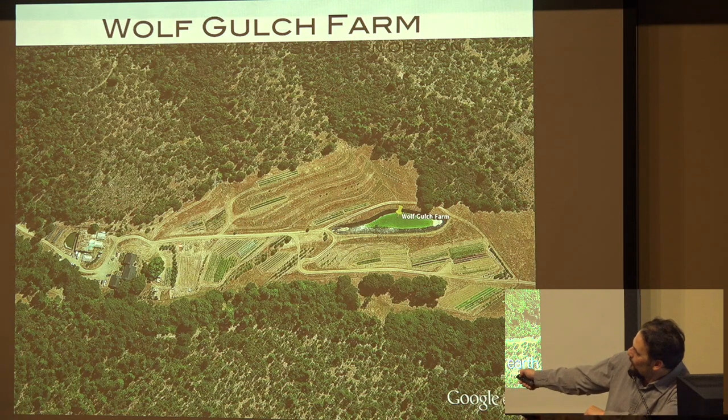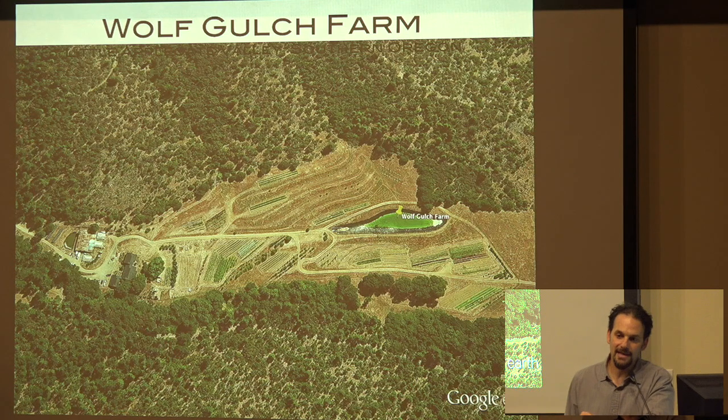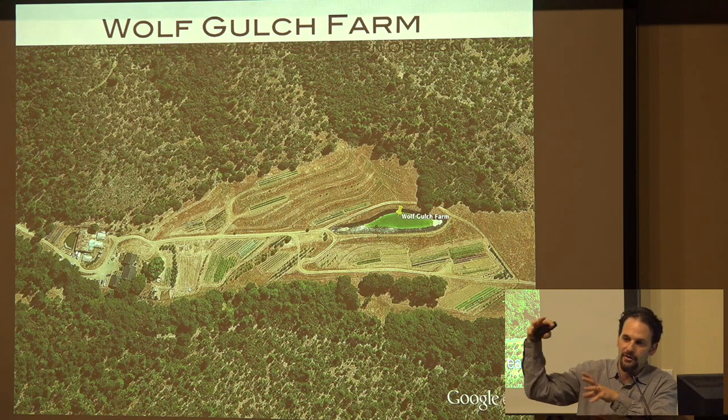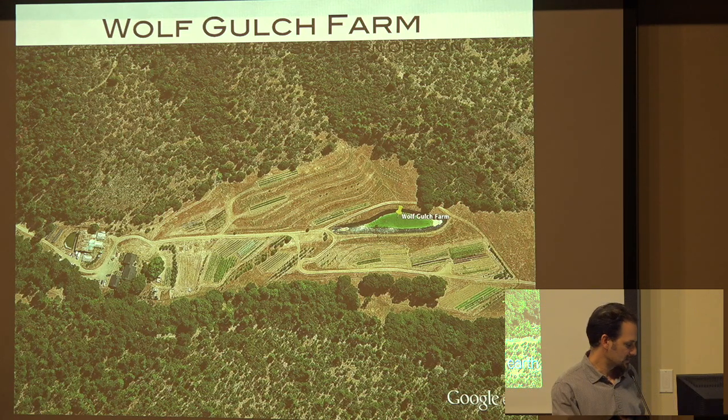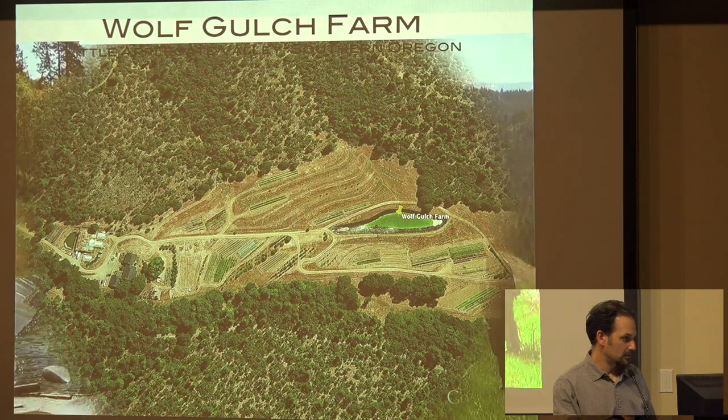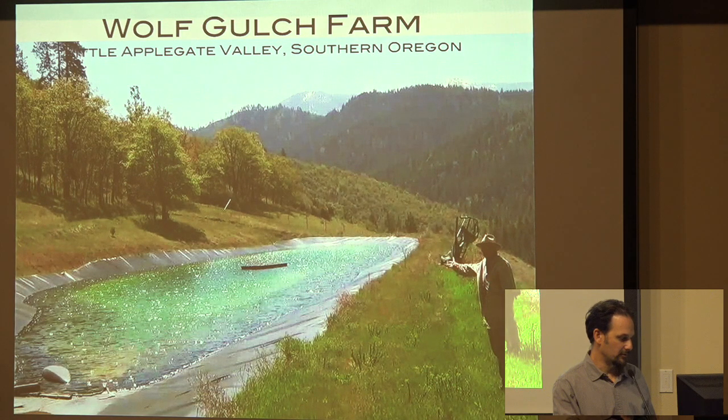So all the water's funneled into here, and with the arrangement of the different beds and tree rows, they are draining frost off of this property. They're harvesting water, and they're having protection against desiccating winds. And this is a picture here of Tom Ward and that big pond down below.